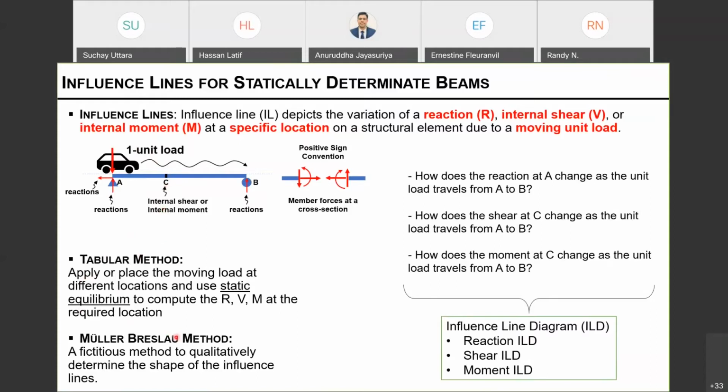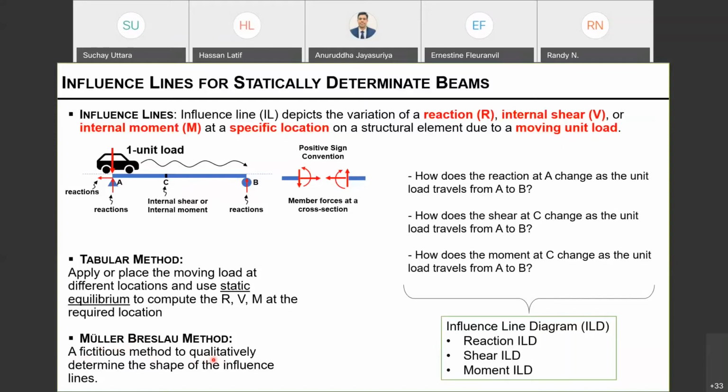The second method is called the Mueller-Breslau method. Mueller-Breslau was, if I'm not wrong, a German civil engineer. He came up with a method to qualitatively determine the shape of the diagram, but it has no values in it.